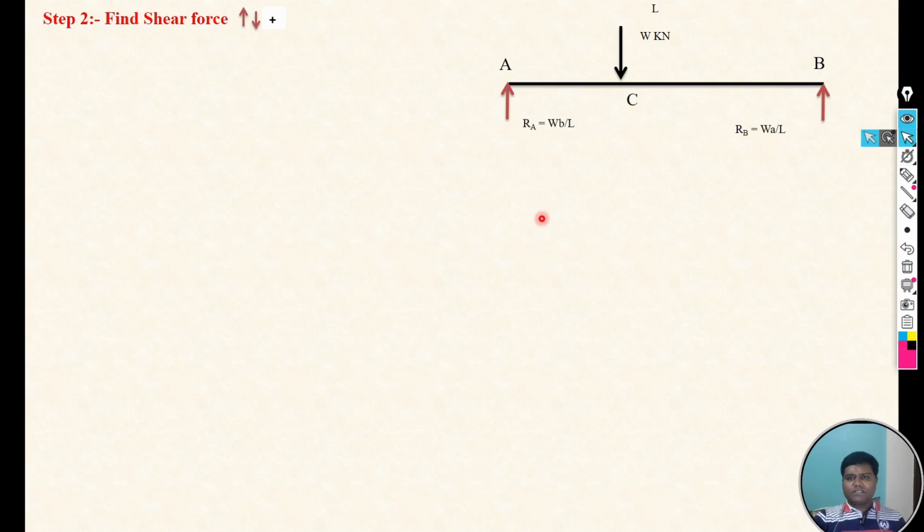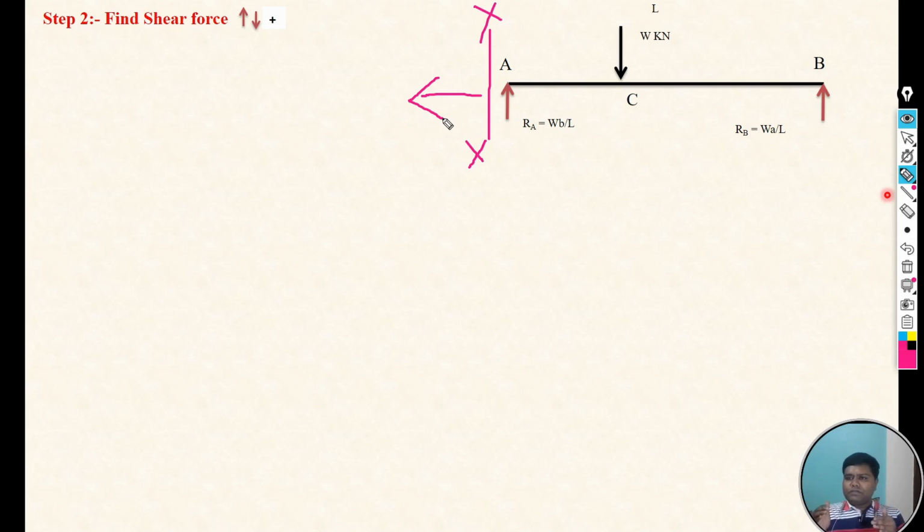So as we discussed, just take the section at A left and then focus on the left of that section. Why on the left of that section? Because we have started our calculation from left to right. If a simply supported beam is given, we have both support reactions Ra as well as Rb, so we can start our calculation from left to right or right to left.